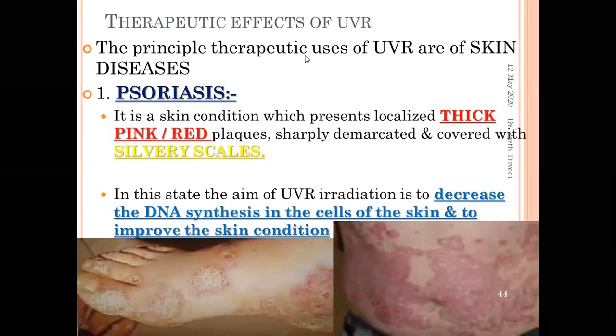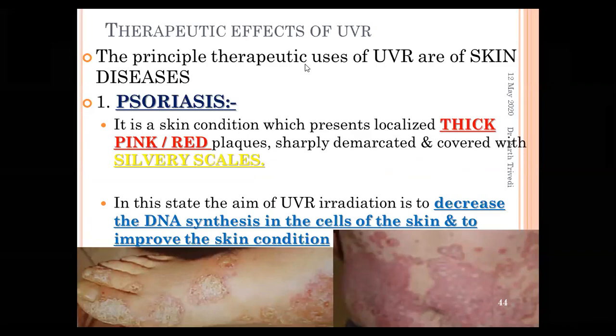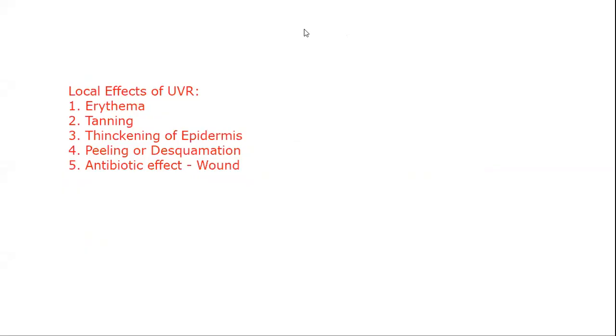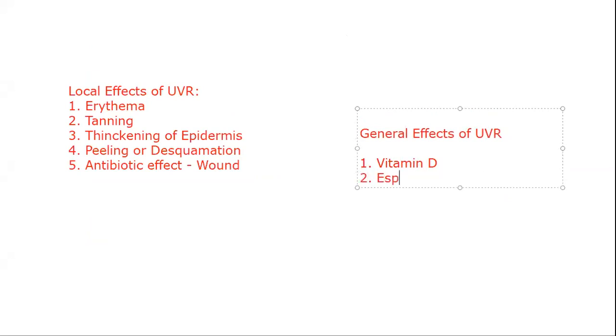Now before we move on to the therapeutic effects, I will quickly revise the general effects. General effects of UVR. First one is vitamin D production. Second one is the prophylactic effect.